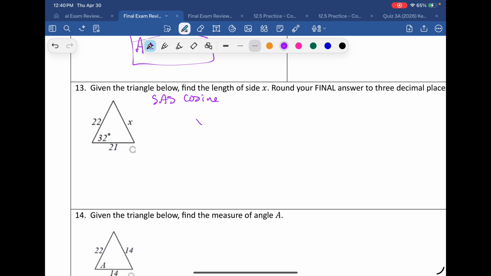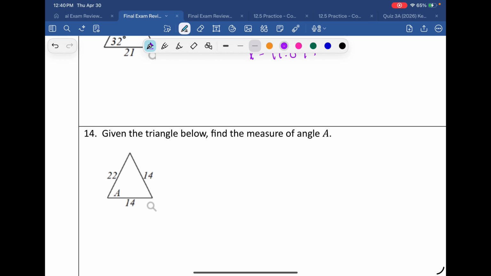So x equals the square root of adjacent side squared plus other adjacent side squared, minus 2 times both adjacents, times the cosine of 32 degrees. This is a formula to be given. All in your calculator. X equals 11.891.